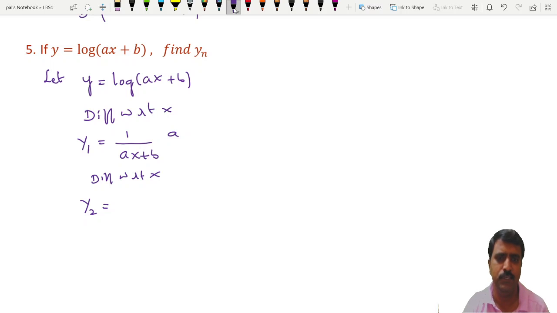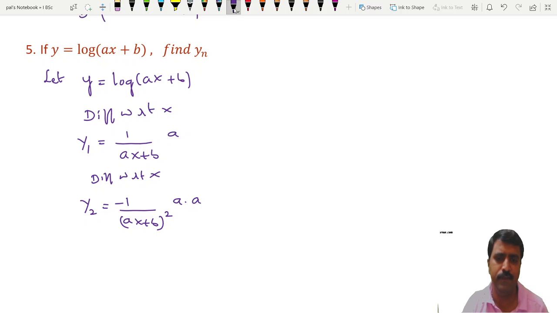So you can write this as minus 1 by (ax plus b) square into the differentiation of ax plus b, which is a. So the last differentiation, that a, I have written here.